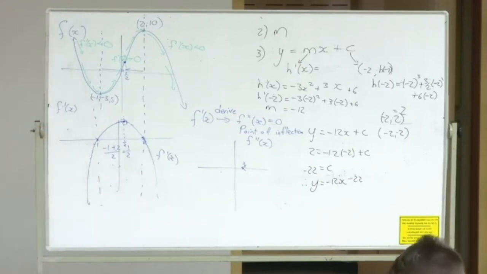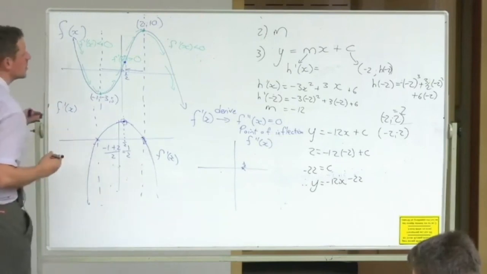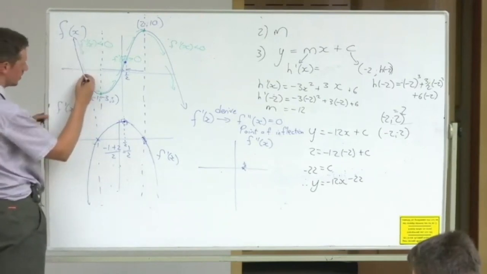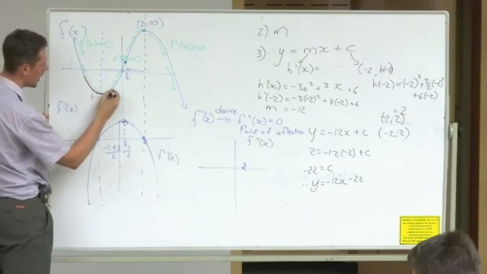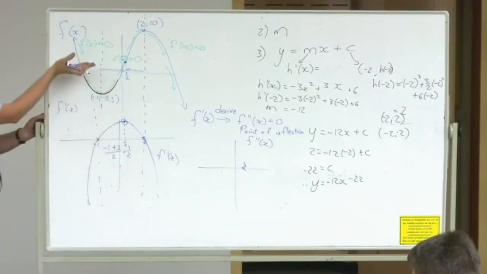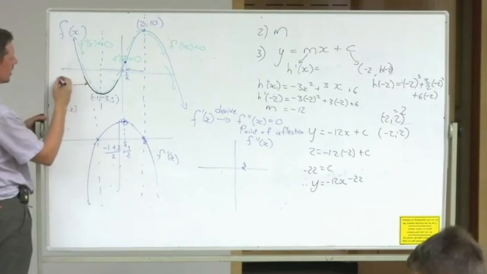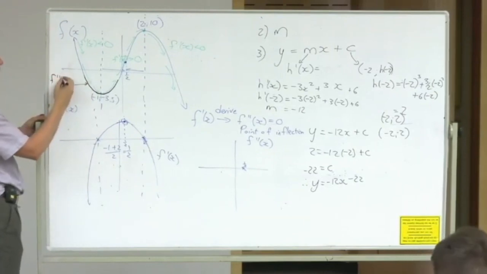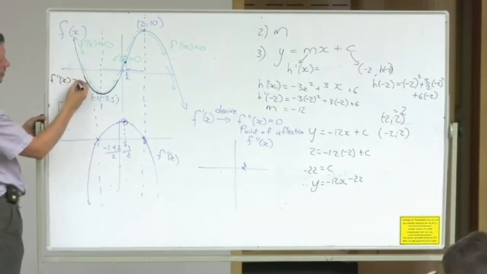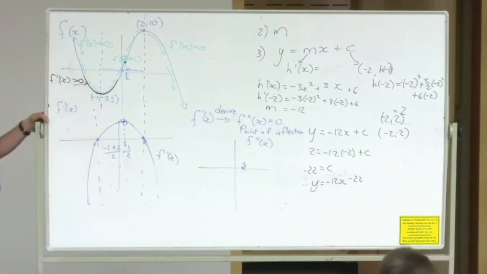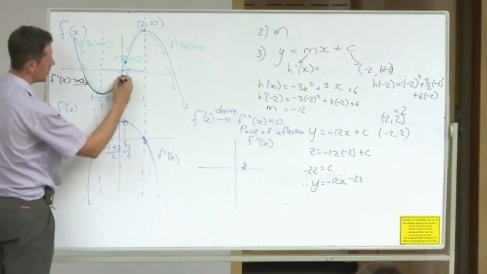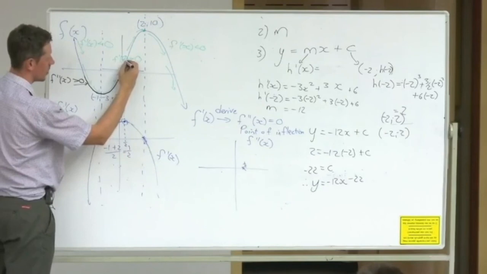Okay, well, I'm saying I'm making life easier. I don't know whether it's going to be easier for you guys. Here, my concavity is up. So, the second order derivative must be greater than naught, all the way up to there.